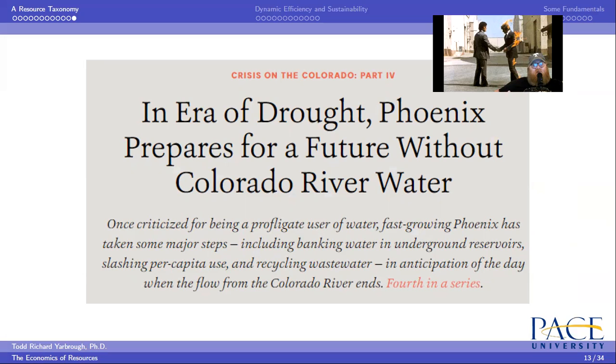And I think that's, to wrap up this conversation about resource taxonomy, is that we can define resources in very specific ways: renewables, depletables, recyclable, and so on and so forth. We can always give definitions to various types of resources.